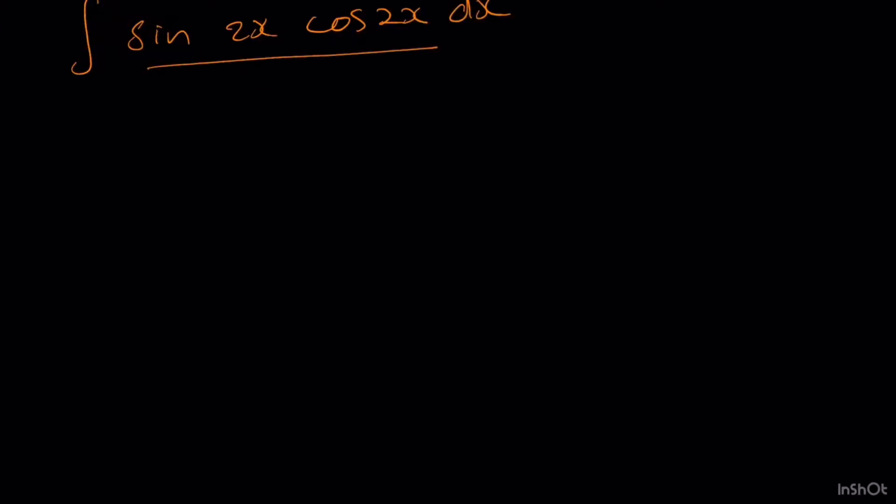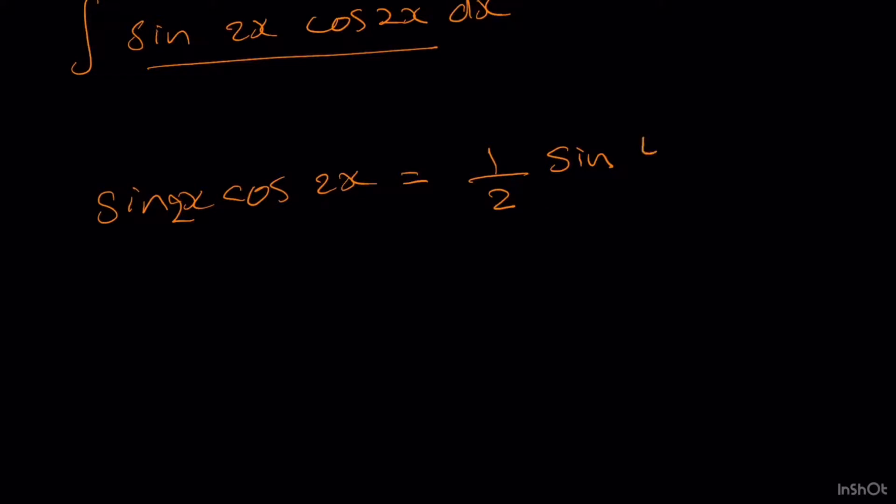If your question has sine 2x cosine 2x dx, then sine 2x cosine 2x is going to be equal to 1/2 sine, double the angle you have, so it's going to be sine 4x.